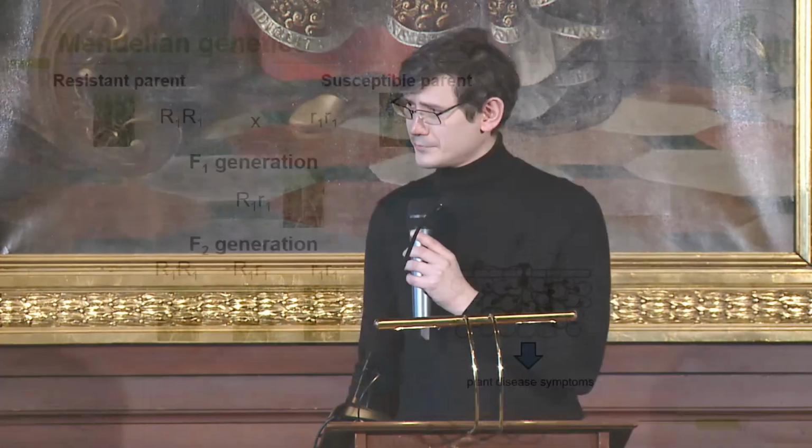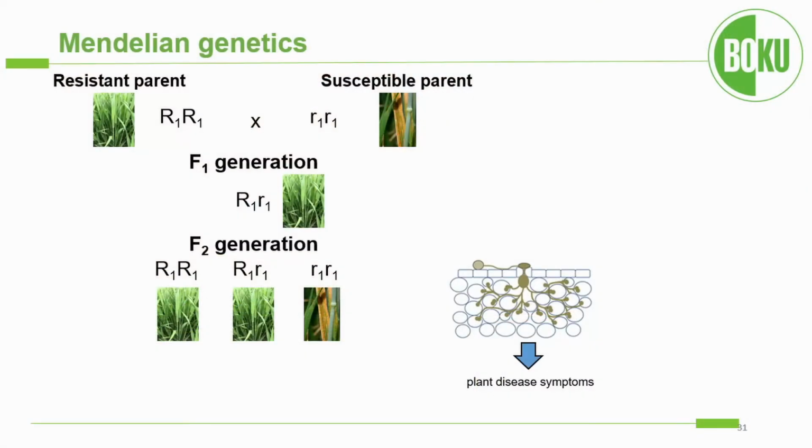And what does susceptible or resistant mean here? Susceptible means that a fungal spore lands on the plant leaf, penetrates it, grows inside, and infects a lot of cells. In the case of such a parasitic fungus, it does not kill the host immediately, but just leaches nutrients from it.